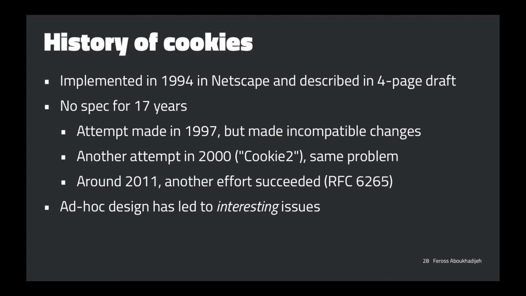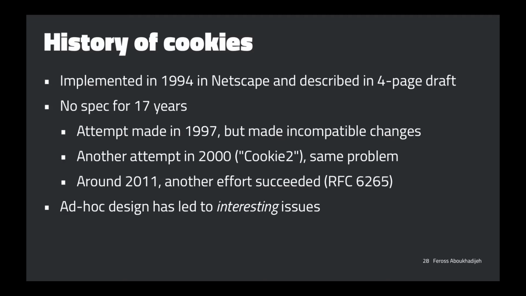There was no formal spec for how they should work for a really long time. There were some attempts made to write down what they should do and how they should work, so that all the browsers could agree and have the same handling of the cookie header and the behavior with cookies. But a common theme in web specs is that the people who went to write this out were overly ambitious.